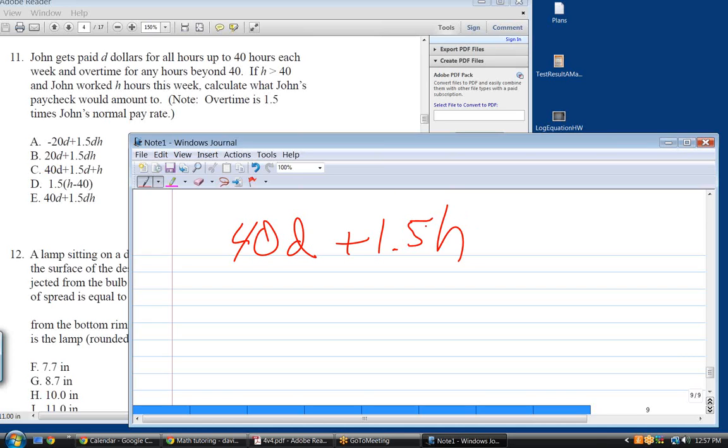H is the total hours worked. You only get paid at this time and a half rate for the hours worked greater than 40. So those hours are H minus 40. And so there's the expression.